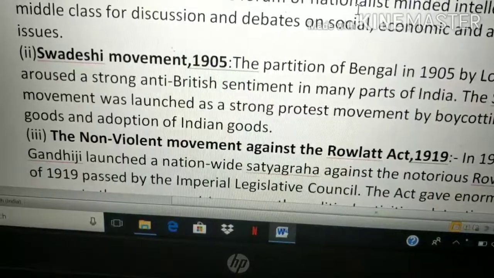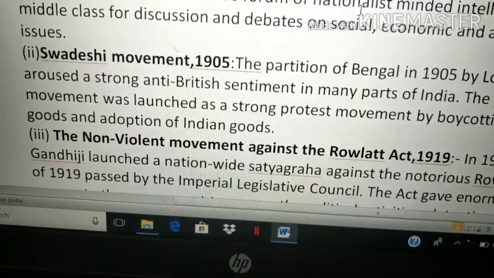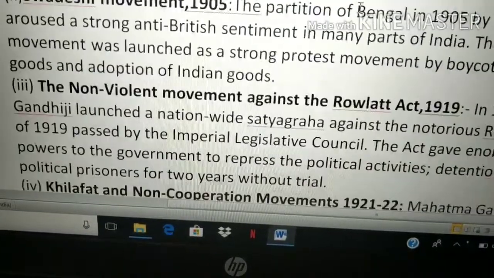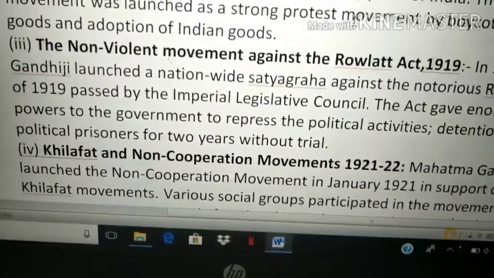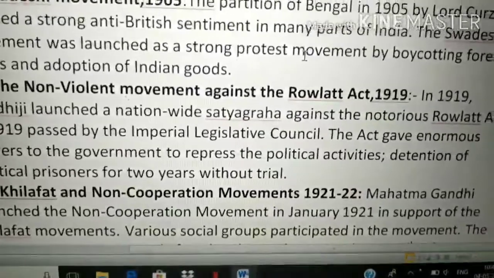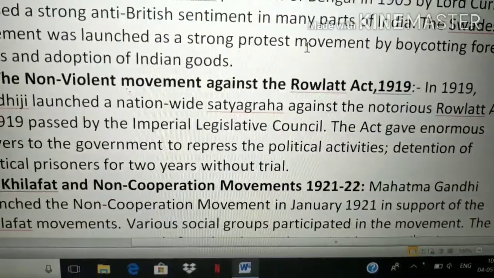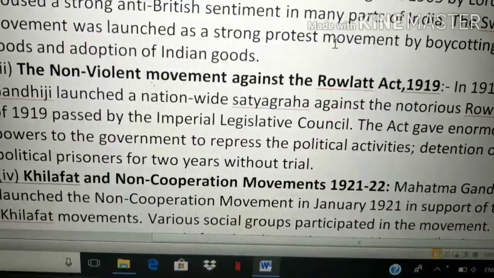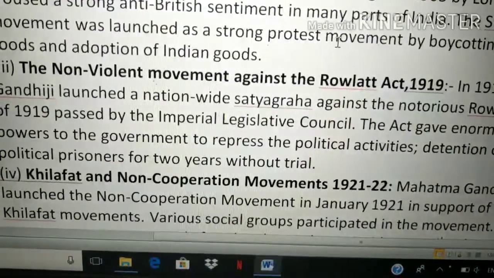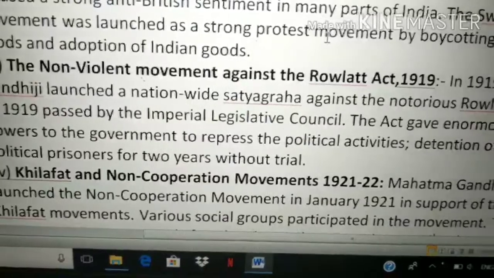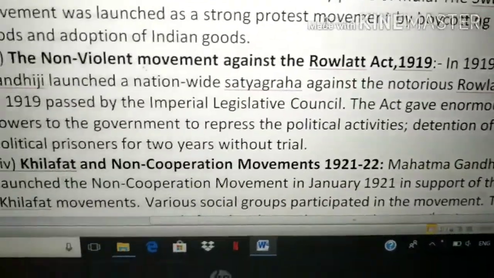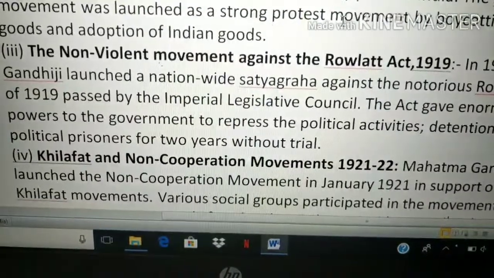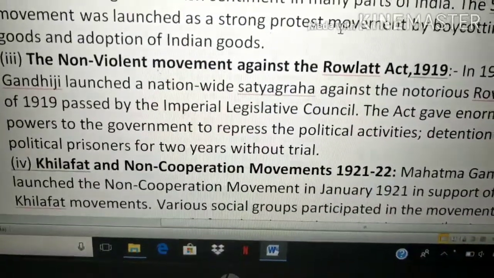Number 3. The non-violence movement against the Rowlatt Act, 1919. In 1919, Gandhiji launched a nationwide satyagraha against the notorious Rowlatt Act of 1919 passed by the Imperial Legislative Council.